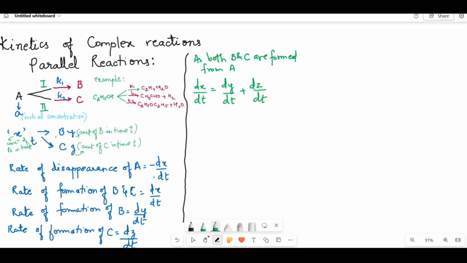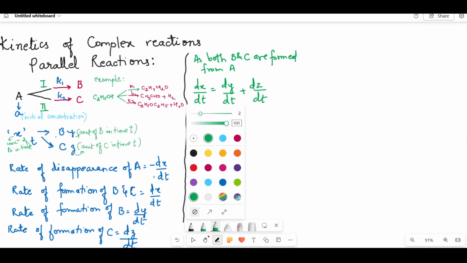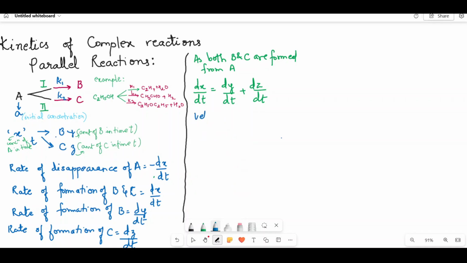The velocity for formation of B from A can be given as dy by dt is equal to k1 (a minus x).